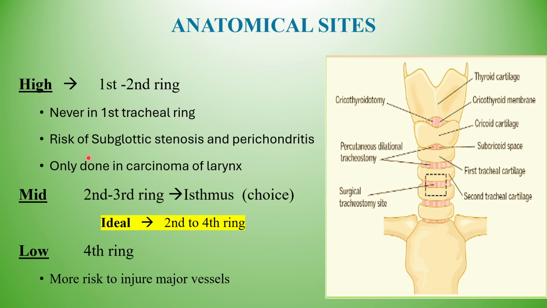High tracheostomy, we only carry out in carcinoma of the larynx because this whole structure has to be removed. This whole area, thyroid, and this whole area, has to be removed.